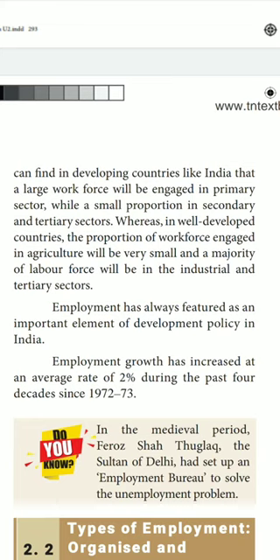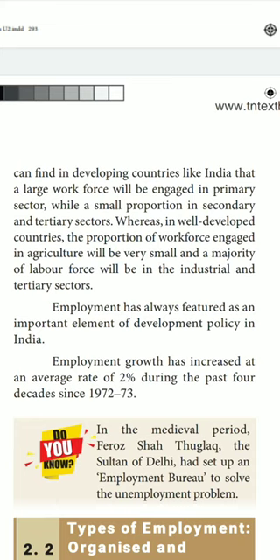At the same time, in well-developed countries, how will it be? The opposite of this. That means in both the secondary sector and tertiary sector, more people will be working. At the same time, in the primary sector, a smaller proportion of people will be working. Okay. Employment has always featured as an important element of development policy in India.